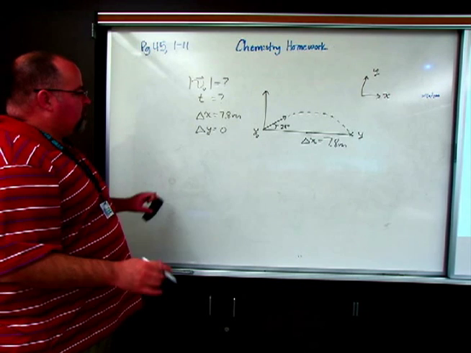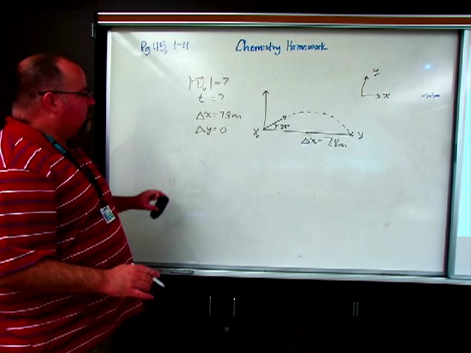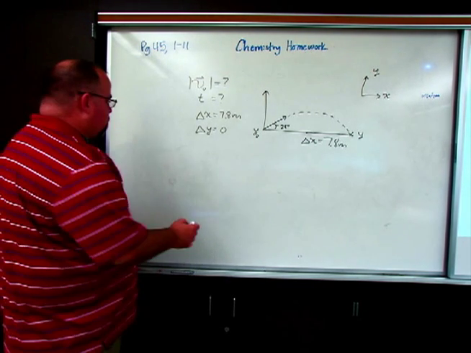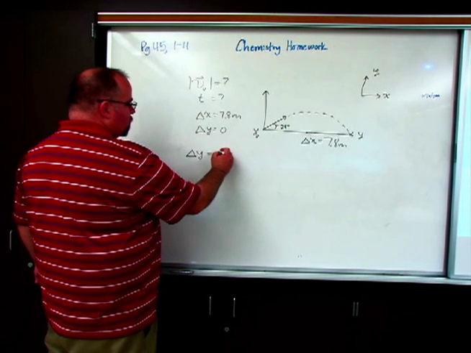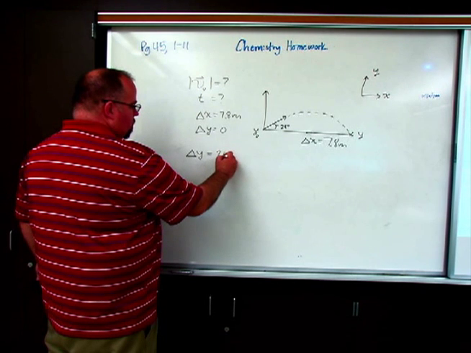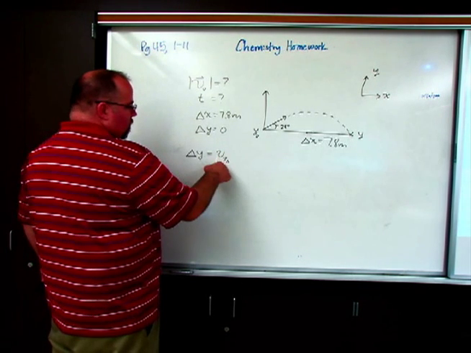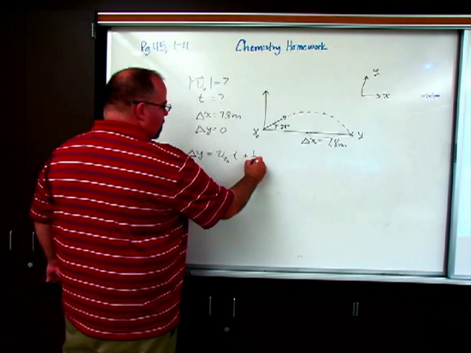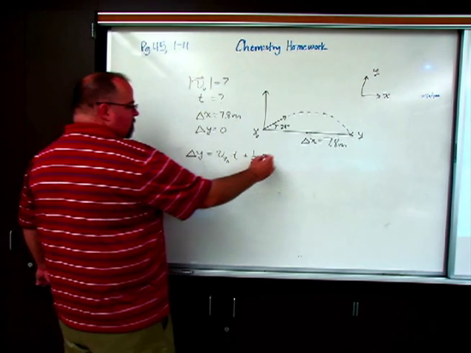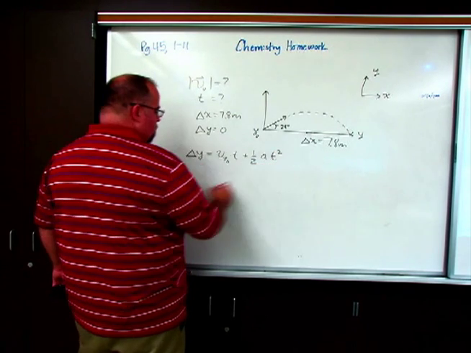Okay. Now, what we need to do is break it up into the x and y components. So let's do the y first. The first equation is delta y equals v sub y initial times t plus 1/2 times the acceleration due to gravity times t squared.